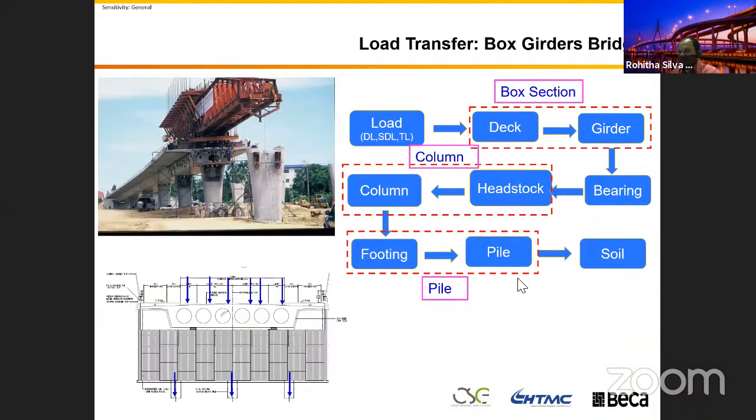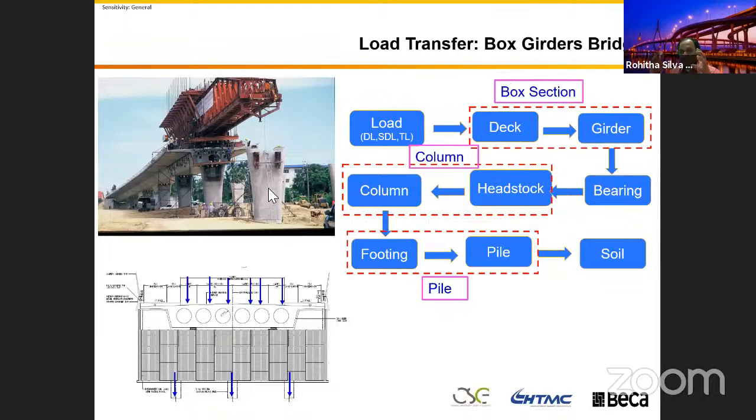When you go to the next slide, I'm going to a box girder. It's a box girder bridge. It's not the box you saw in the previous project, because that box and this one are a bit different. In this box, the girder and the deck are all one unit. It's a box section. We combine the girder and the deck together and create the box section.